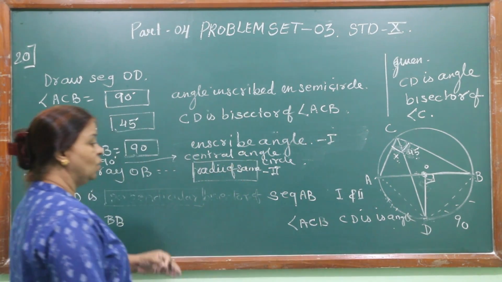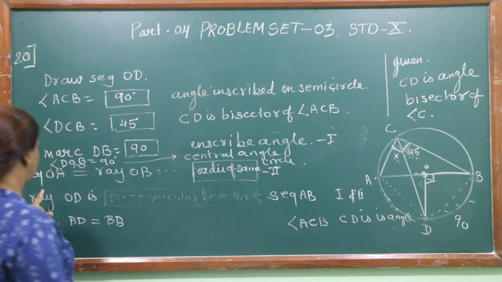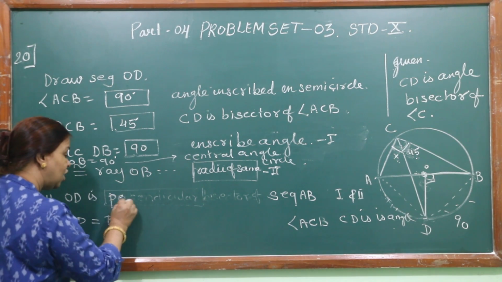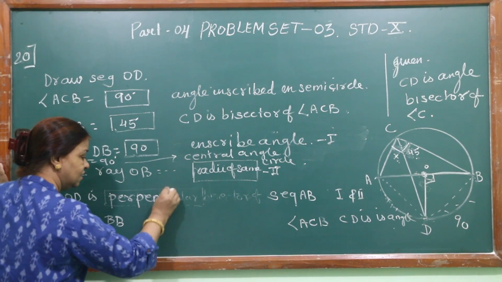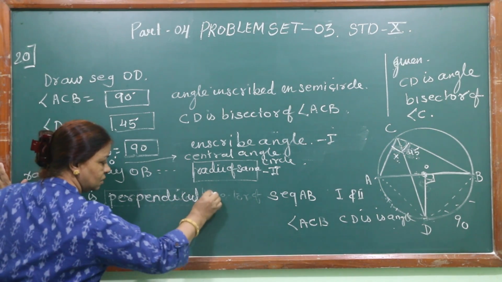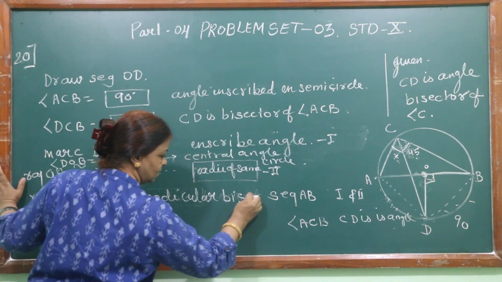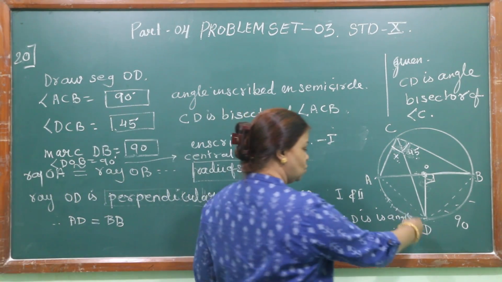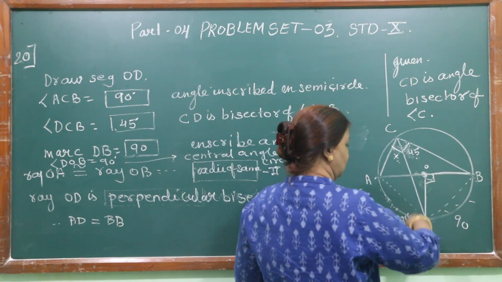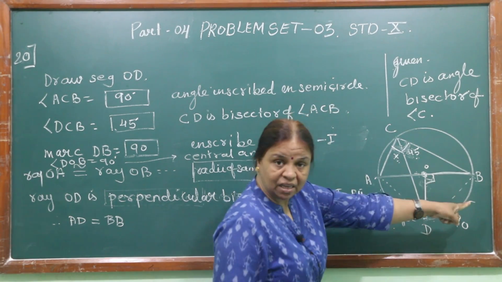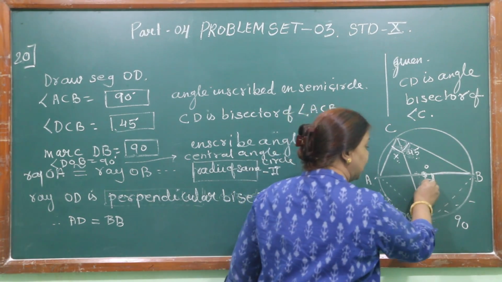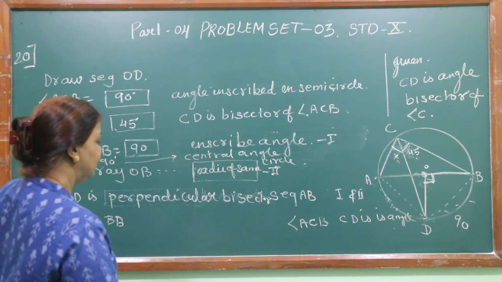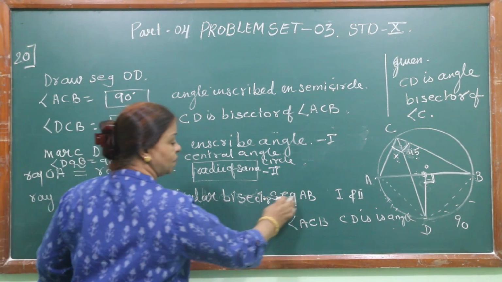Now what has happened? OD is perpendicular to AB. So we have proved that OD is the perpendicular bisector. Why bisector? Because OA is equal to OB, so OD divides AB into equal parts, but at the same time it is perpendicular. So OD is the perpendicular bisector of segment AB.